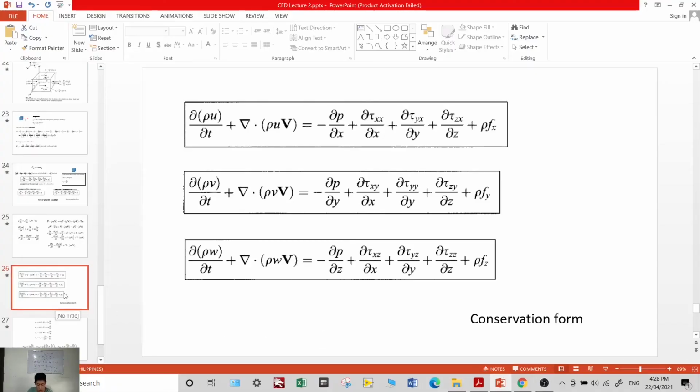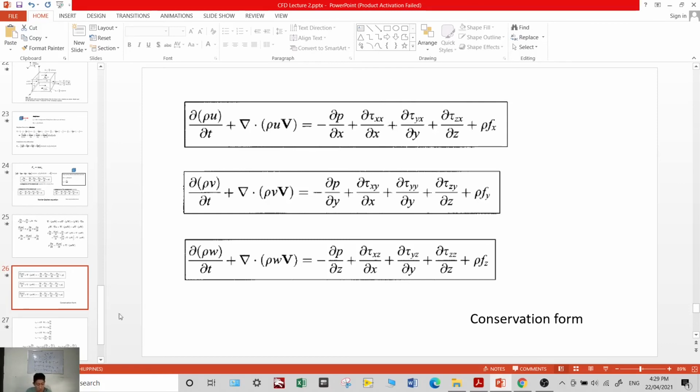So, we have derived the conservation form of the Navier-Stokes equation. This is for the x direction, momentum along x, along y, and along z. Now, as I have said, we still need to define the shear stresses, the components: normal stress and shear stresses. Okay?